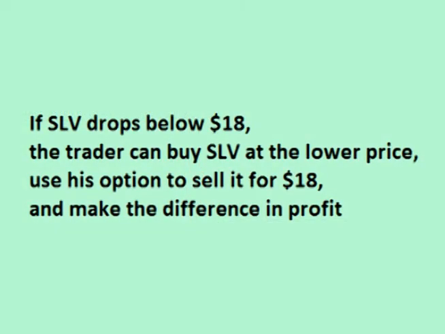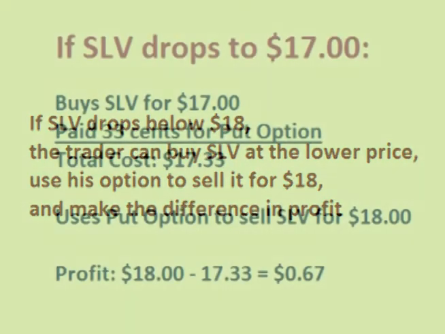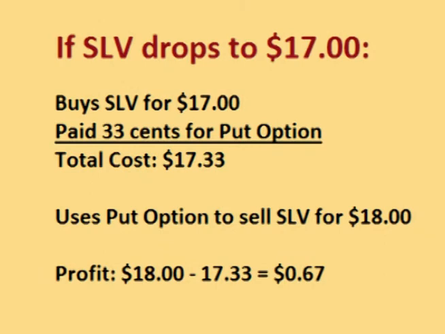If SLV drops below $18 per share, he can buy SLV and immediately sell it for $18 anytime until the option expires. Let's say that SLV drops to $17 per share. The trader can buy 100 shares for $17 per share and use his option contract to sell SLV for $18 per share. He paid $17 per share, plus the option contract cost him 33 cents per share to buy.